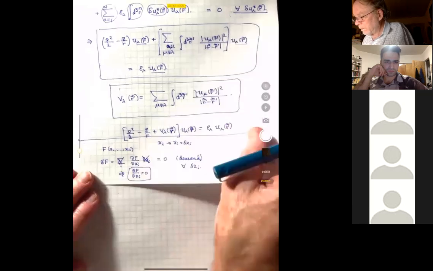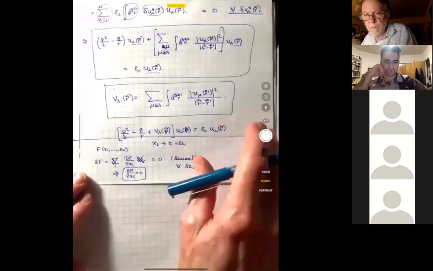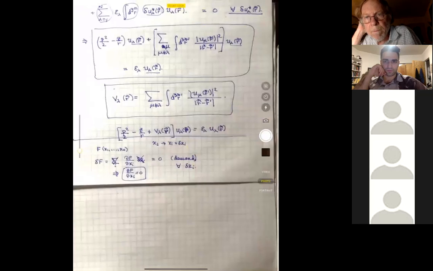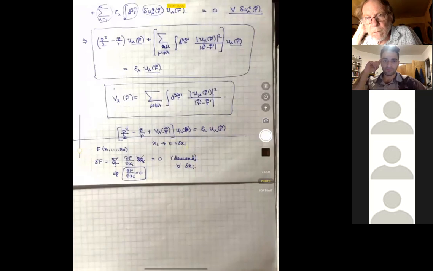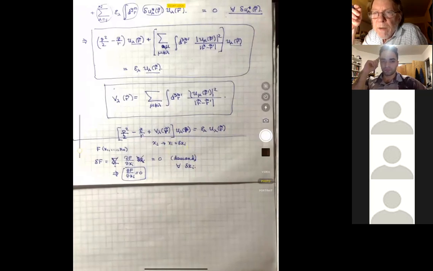So I'm curious about when you were doing the variation with respect to u lambda star, then how come you had to do the whole chain rule thing where, like, isn't the other term u mu, not u lambda? Yeah. So here's the way to think about it.